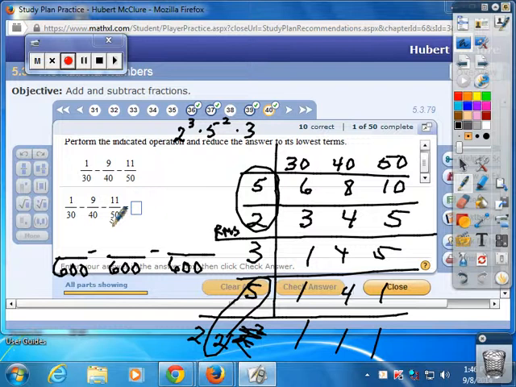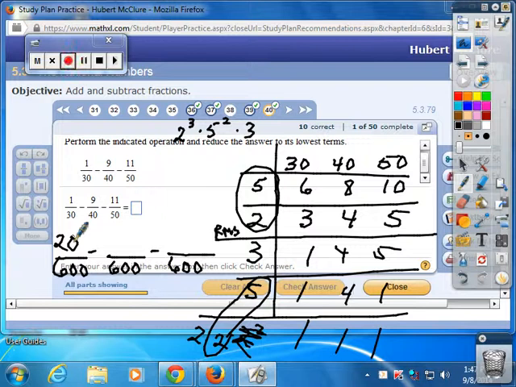600. So how many times will 30 go into 600? 20 times. I'll do that one for you. How many times will 40? I have no idea. So you go over here and take out 40. Where is 40? 8 times 5? 2 times 2 times 5?